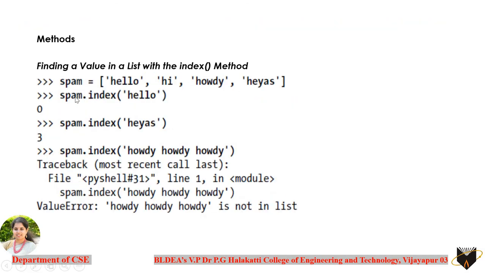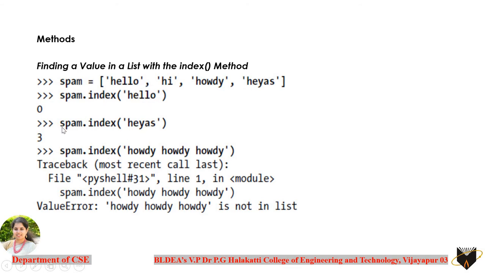The syntax is the list variable name, dot, the method name index, and the parameter to index is the element within double or single quotes, like 'hello'. What it gives you as a result is the index value at which hello is present.